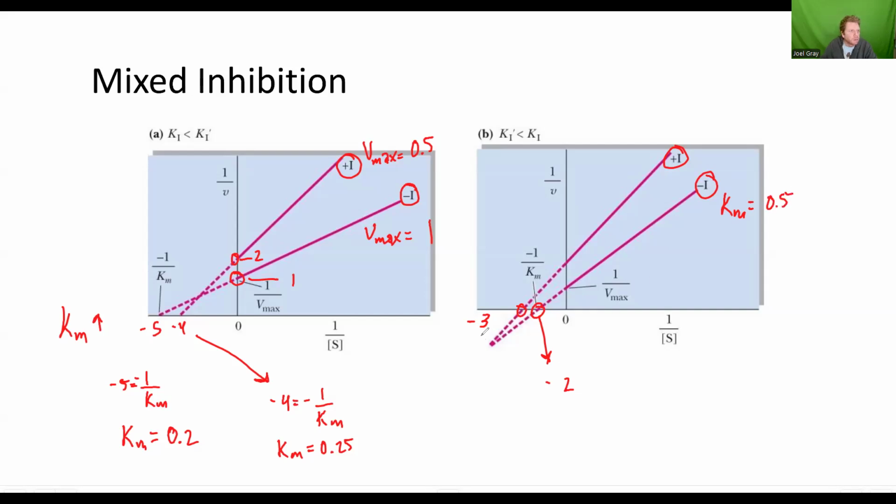And then for this one, -3 equals -1 over Km, so my Km equals 0.33. So in this case, my Km decreases.